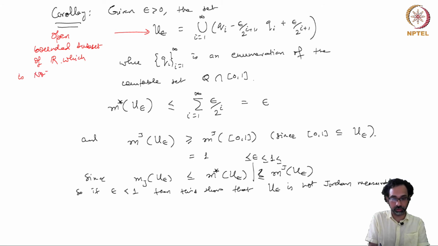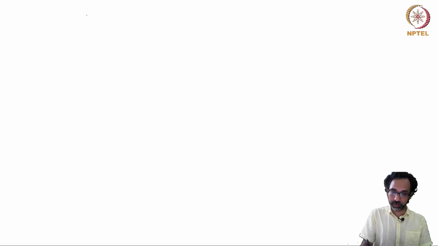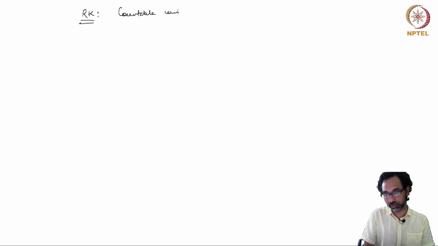This also shows the following fact, which I put as a remark: countable unions of Jordan measurable sets may not be Jordan measurable.